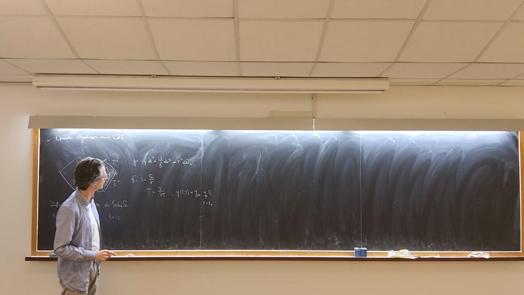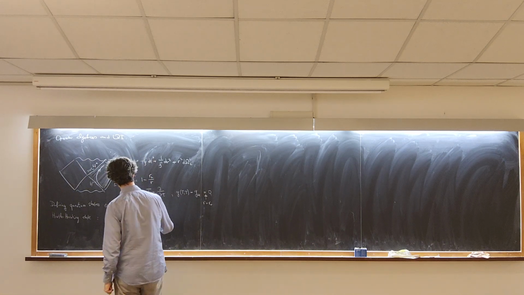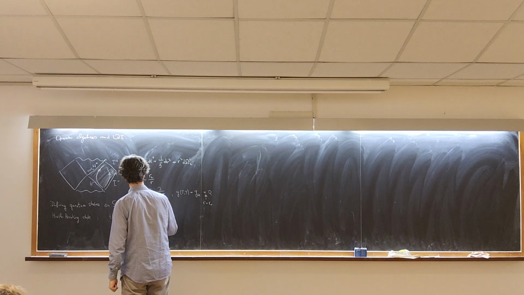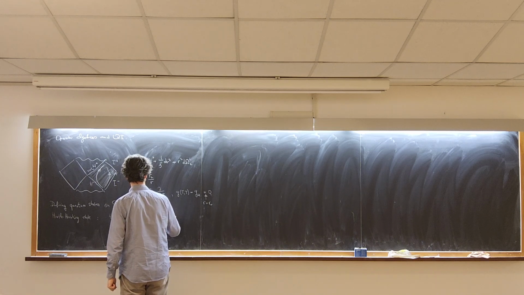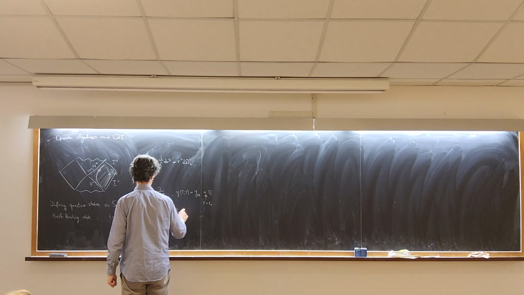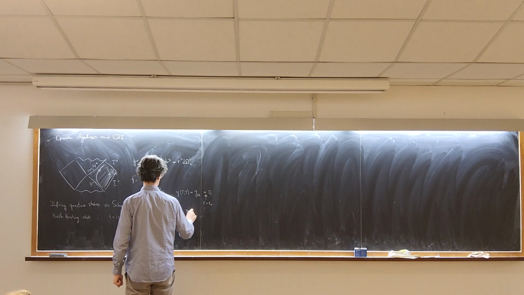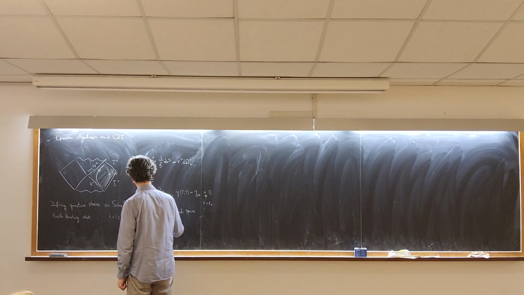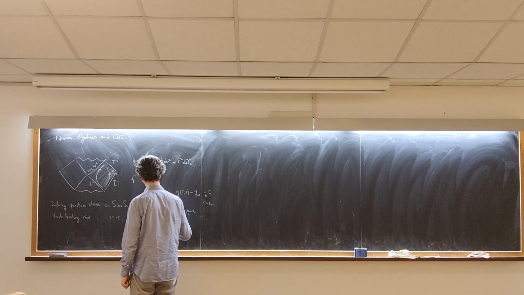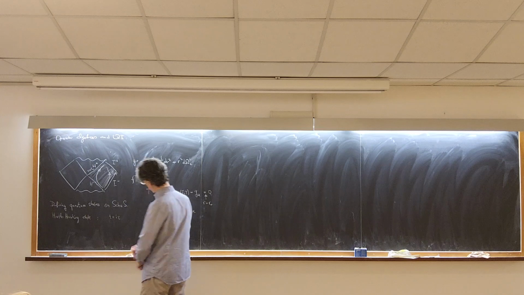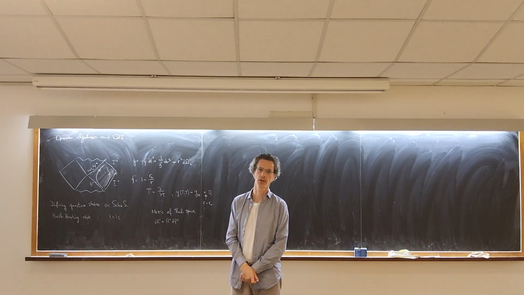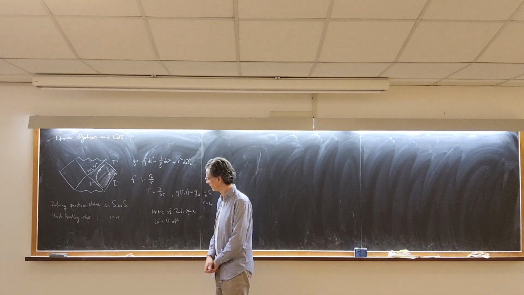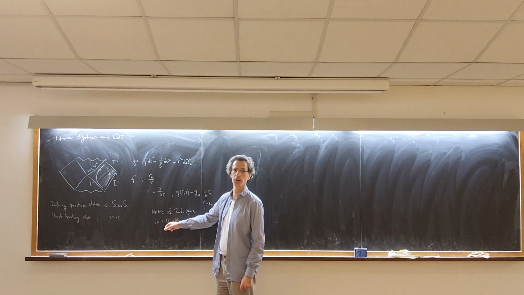You should compare this with the metric of flat Euclidean space, which written in polar coordinates is dr squared plus r squared d phi squared. The analogy is that this coefficient also goes to 0 at the origin.